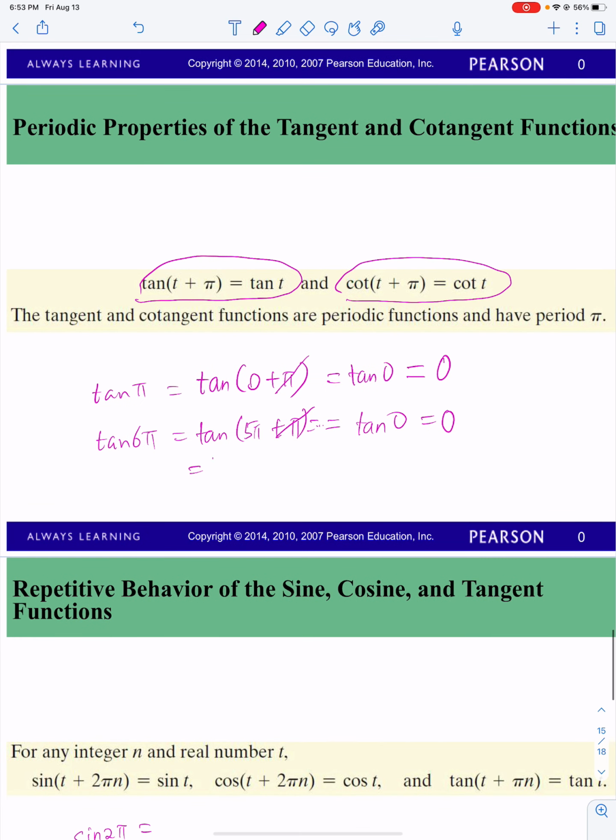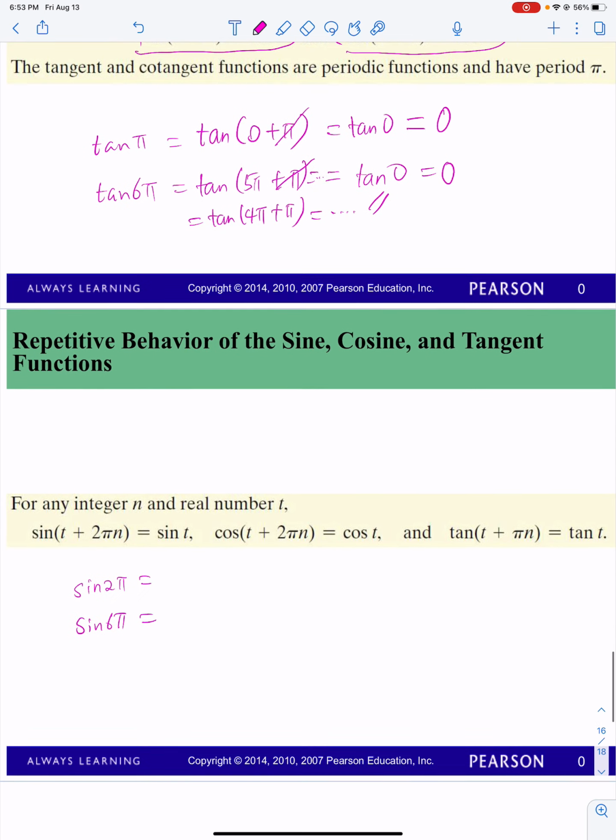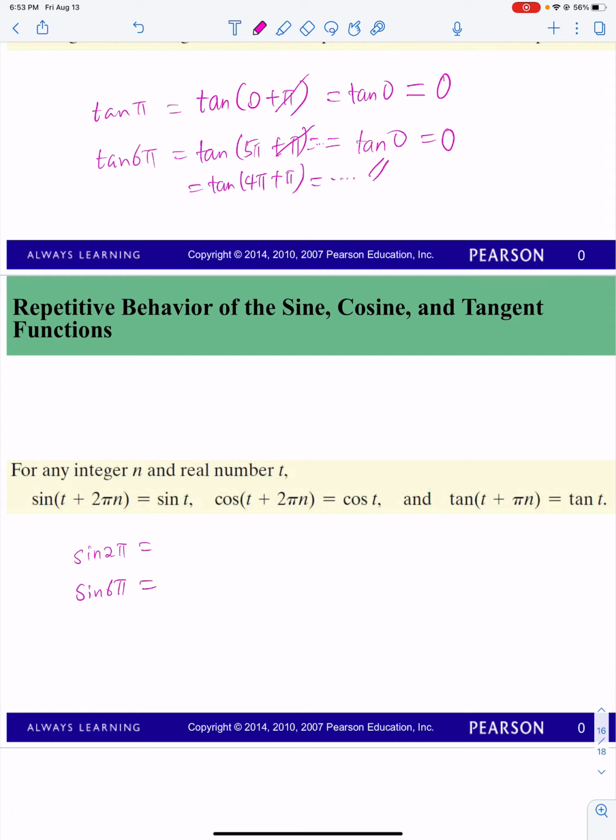So tangent 5 pi will be tangent 4 pi plus pi, and so on, until finally we get this. Okay, so sine of 2 pi. What will be sine of 2 pi? We can use sine of 0 plus 2 pi, which is 0. And sine of 6 pi is the same as 2 pi times 3, so 0 plus 2 pi times 3 is 0.